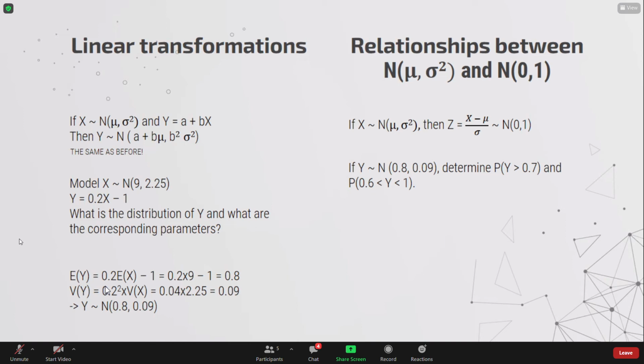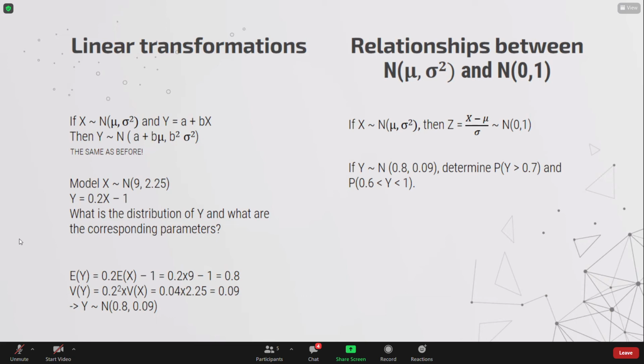We just take the first number that is attached to X in front of our expectation of X, and the rest we just copy and paste, minus 1. We know the expectation because here it's 9. So it becomes 0.2 times 9 minus 1, which is 0.8, I'm sorry.